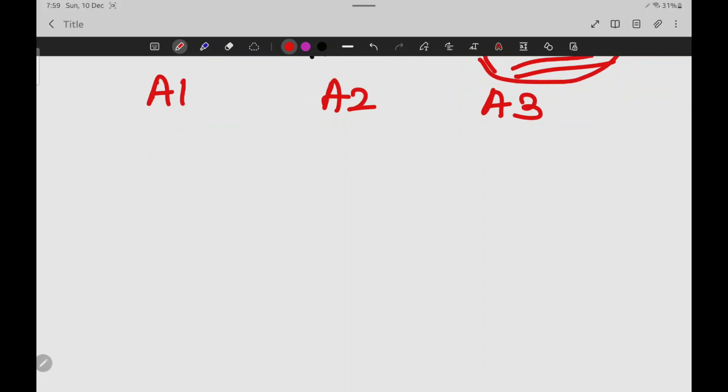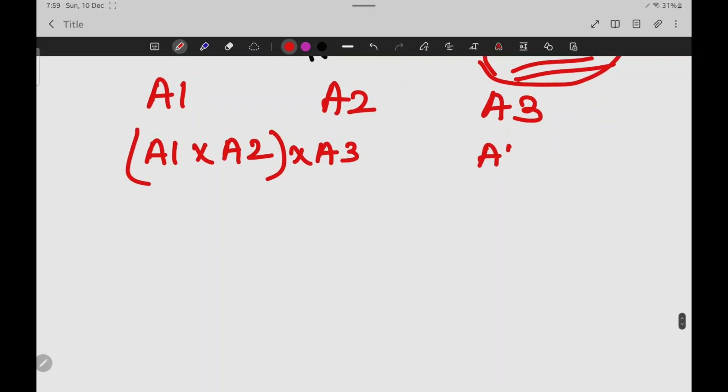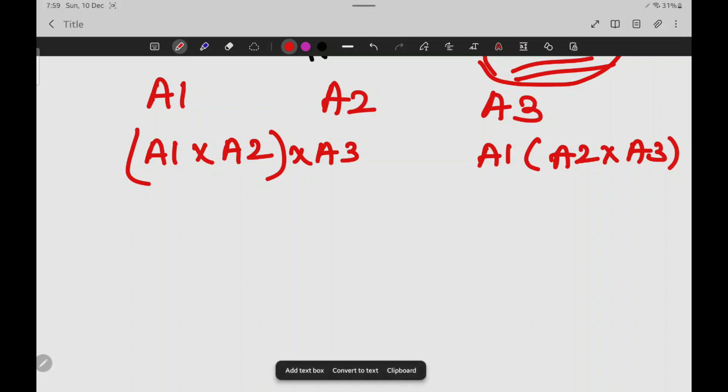Dynamic programming is nothing but finding all the combinations, and through that formula we can find out which combination has the minimum number of multiplications.